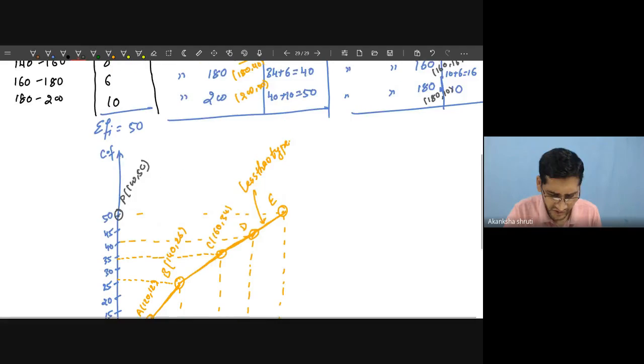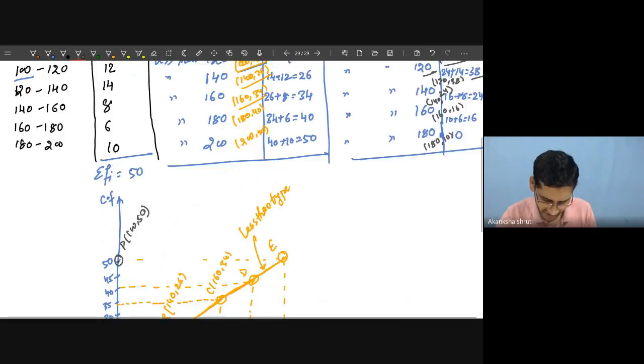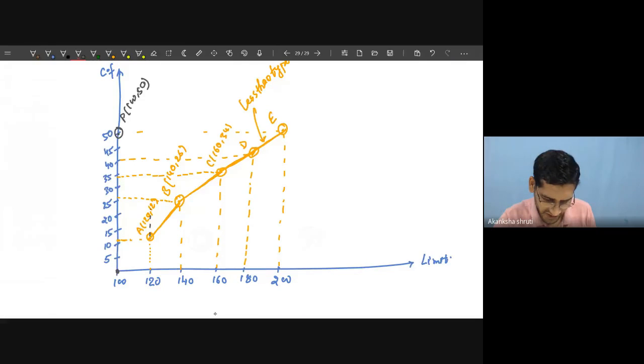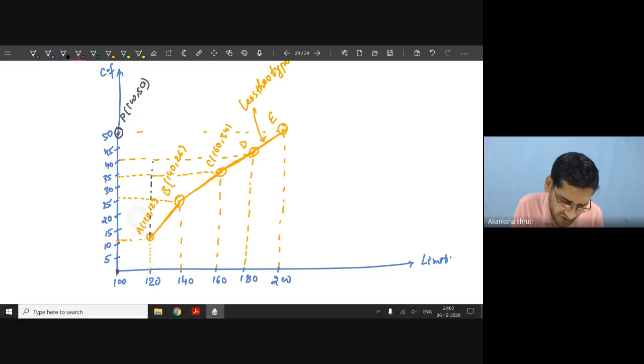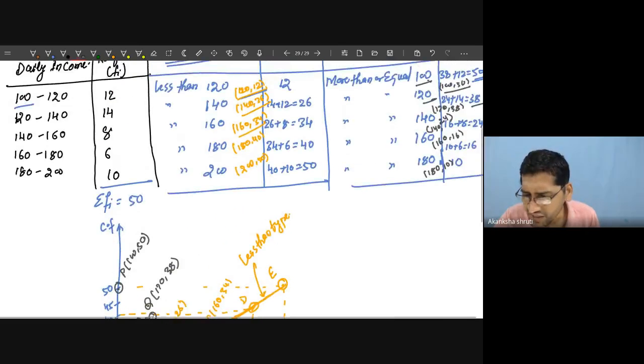Go for the next point Q, which is our 120 and 38. At 120, make it upward. Up to 38, it has to go just below this 40. So Q, 120 and 38. Next one is 140.